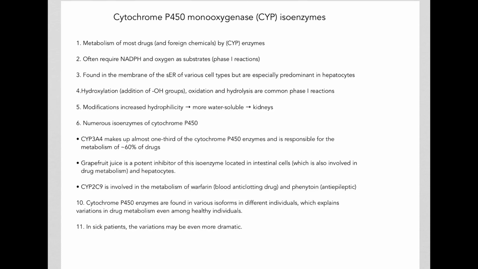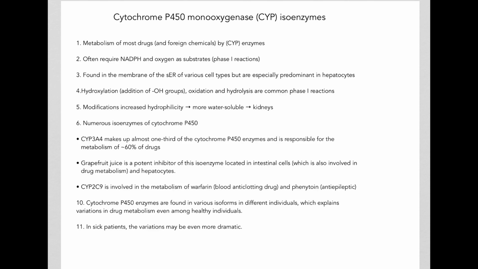Another clinical application of isoenzymes is the cytochrome P450 monooxygenase isoenzymes, or what we call the CYP isoenzymes. Now, most of the drugs that we take, as well as foreign chemicals, including things like pollutants, are metabolized by the CYP enzymes.